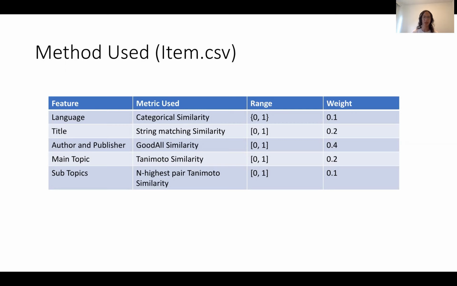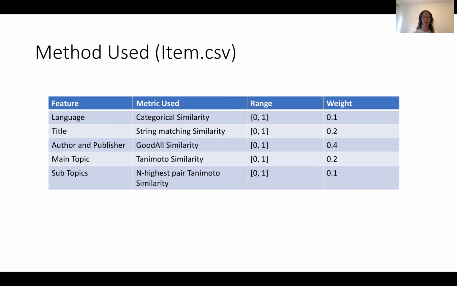For the language, we use categorical similarity with a range of 0 or 1. For the title, we use string matching, because we assume books from the same series would have a high string matching score. Author and publisher is similar to categorical similarity, but with a little bit of adjustment.